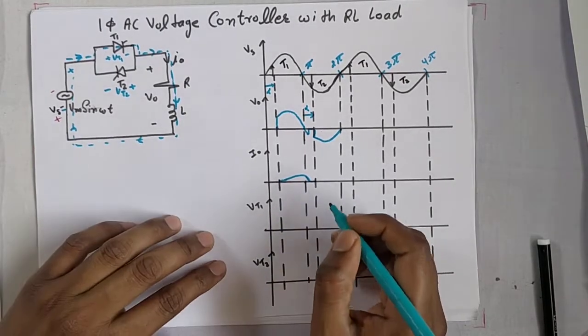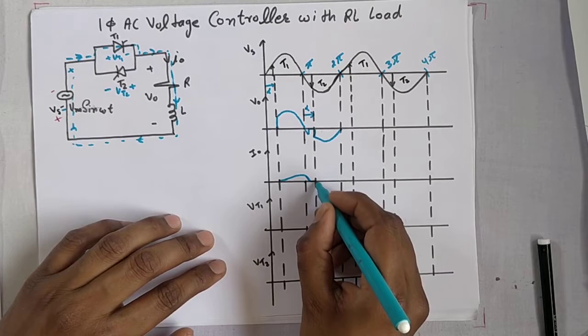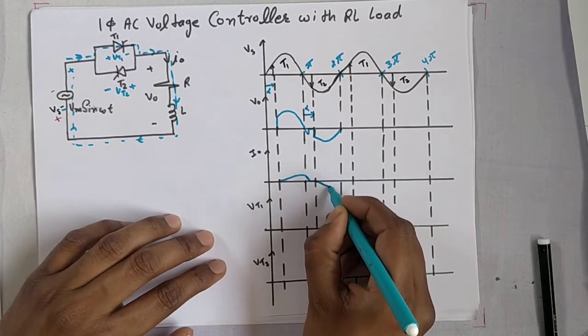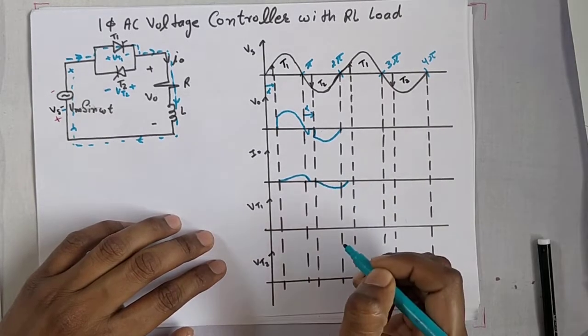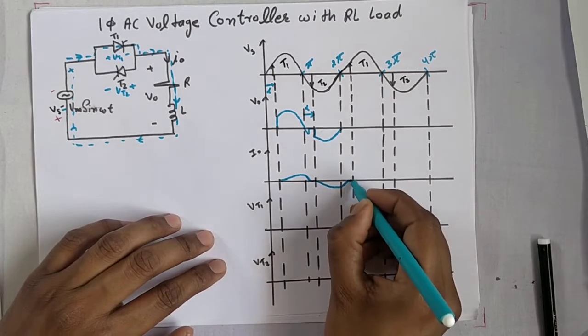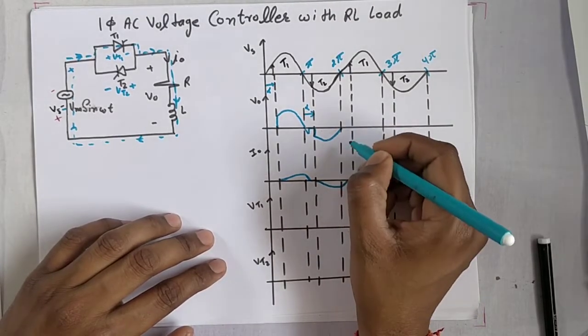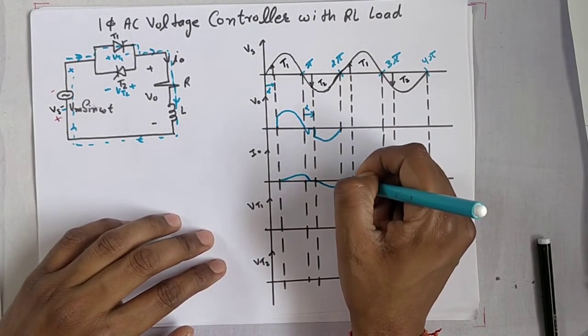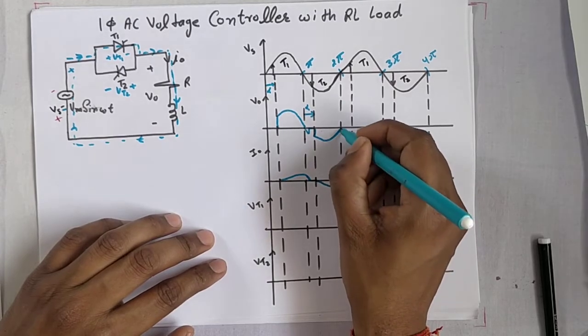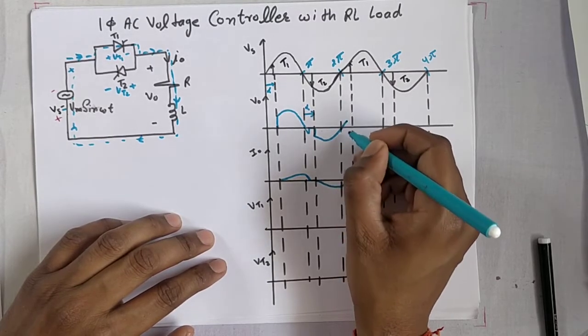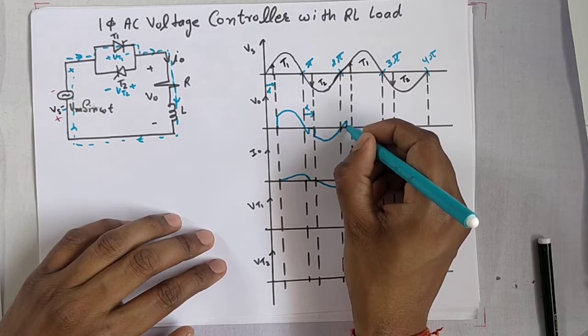Now for the negative cycle, the current will increase in the negative direction and again decrease and become 0. So current is present from here to here, so the output voltage will be present from here to here like this.